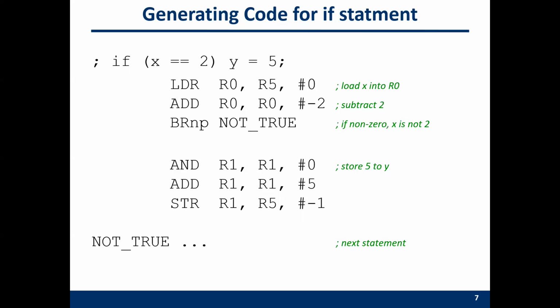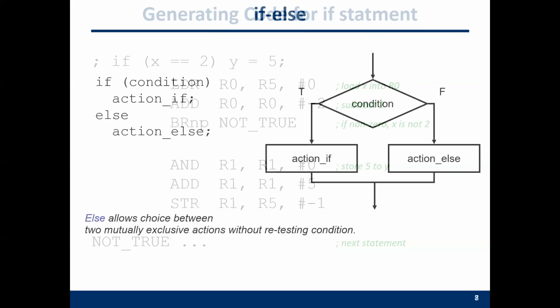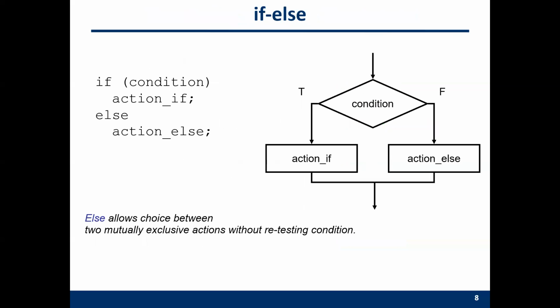So you need to move data a lot to some special or general purpose registers, and then either same or not, and then do the action. So you can see that the C language actually significantly simplifies our task.